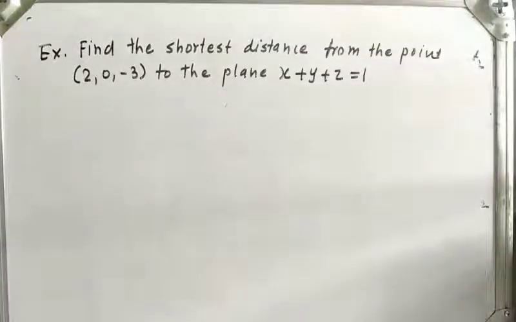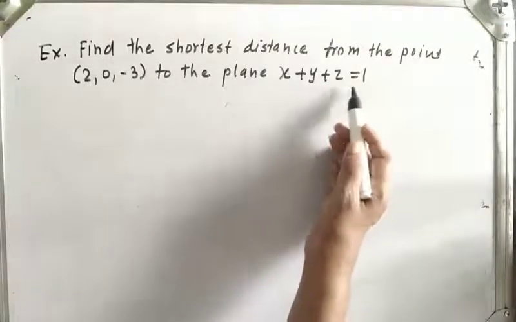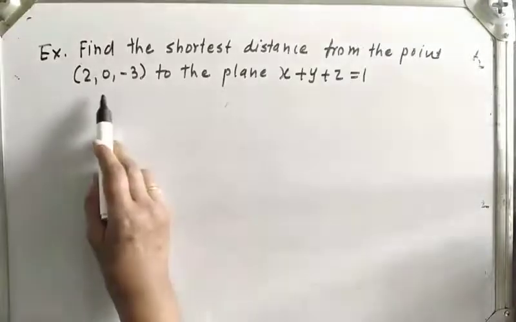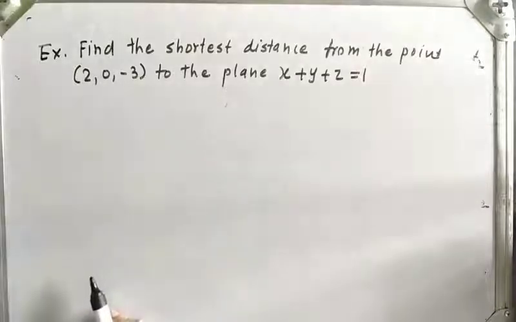What is the question? A plane is given, x plus y plus z, and one point is given. We have to find out the shortest distance of this point to the plane.